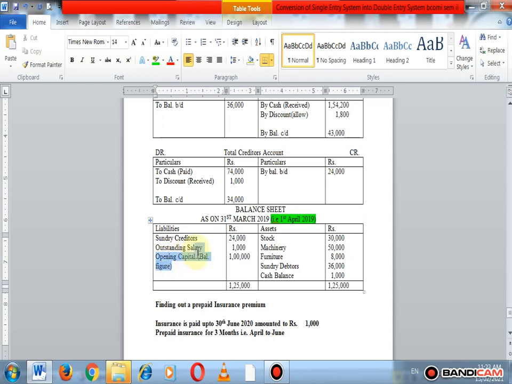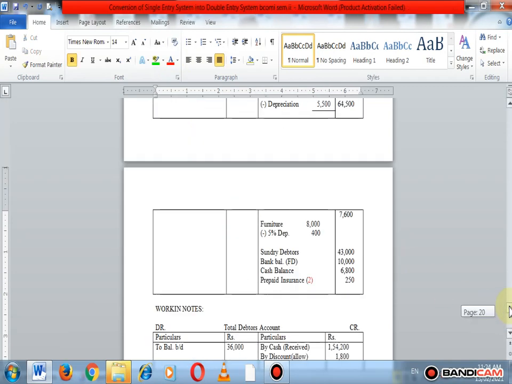Then this capital is transferred to closing balance sheet liability side.